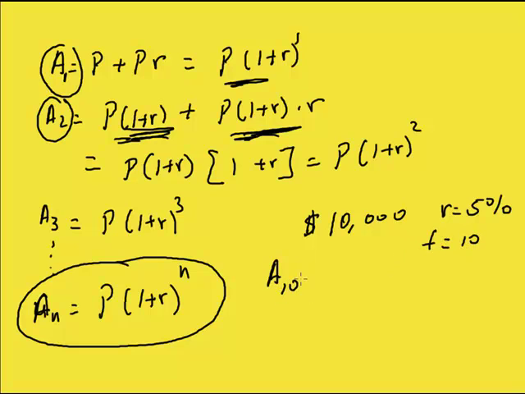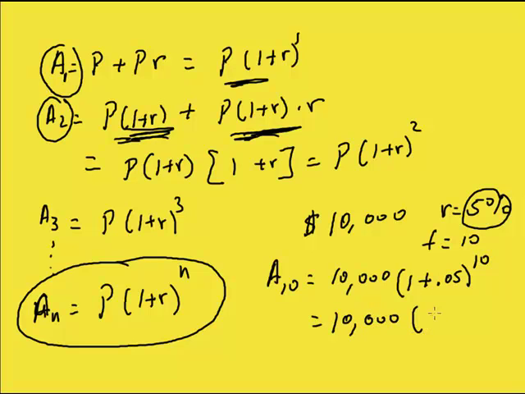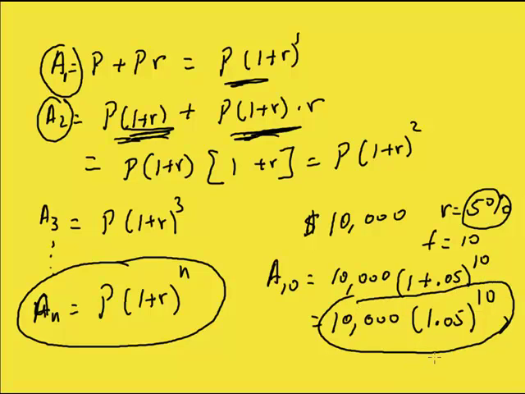So A sub 10 is going to be P, which is $10,000, times 1 plus 5%, which is my R, which is 0.05, to the power of 10. So $10,000 times 1.05 to the 10th power, and when we calculate that, that will tell us how much money we'll have at the end of the 10th year, compounded annually.